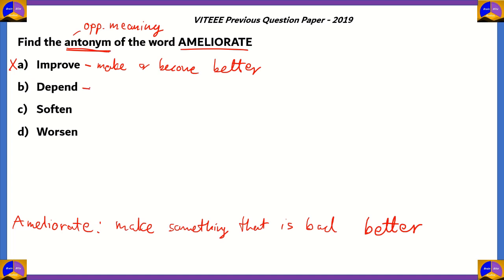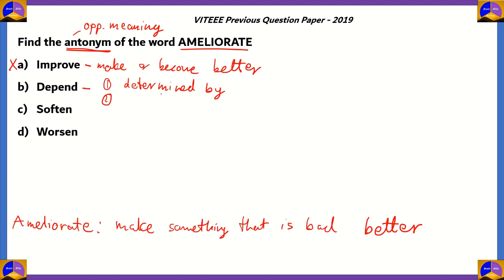Option B, the word is depend. The word depend has two meanings. Number one, it states that something is determined by. For example, we depend on water for our survival. So our survival is determined by the availability of water on the planet. So you depend on water.